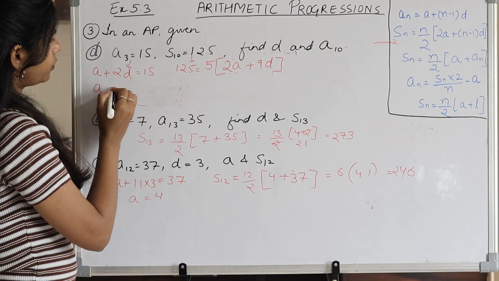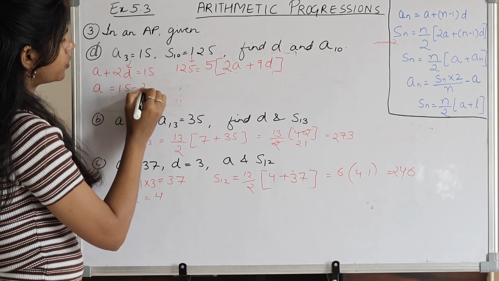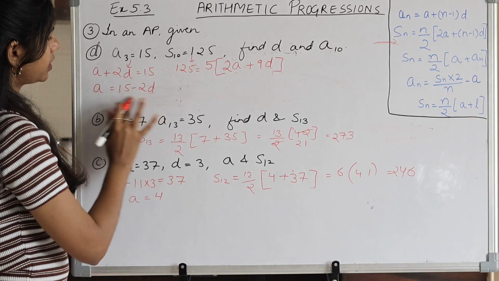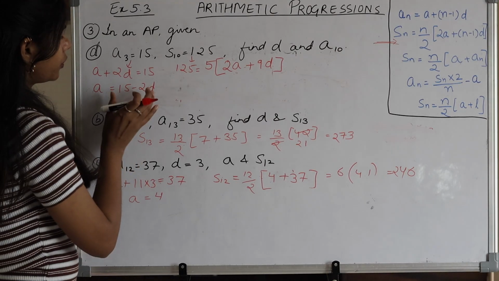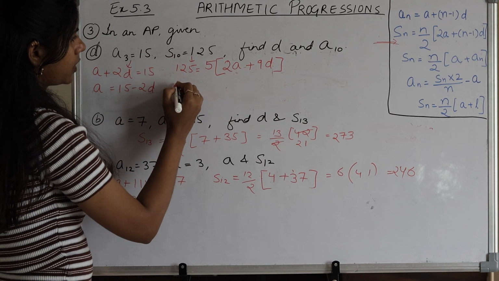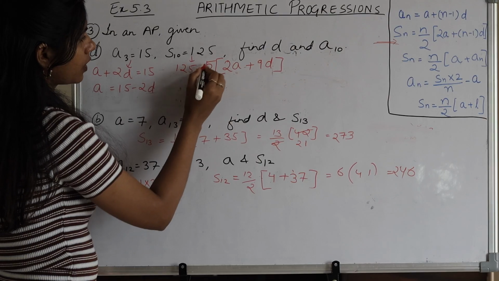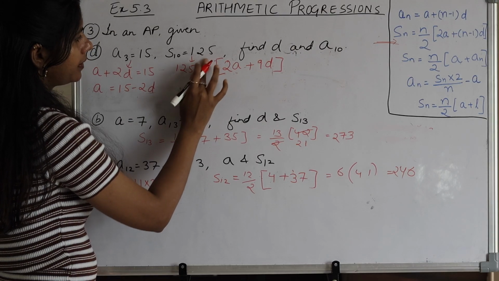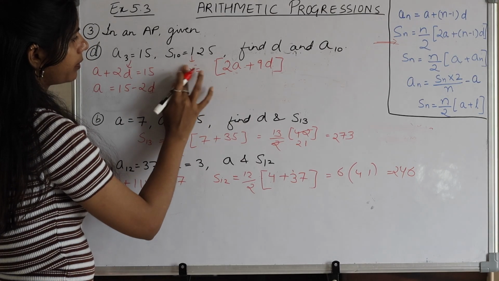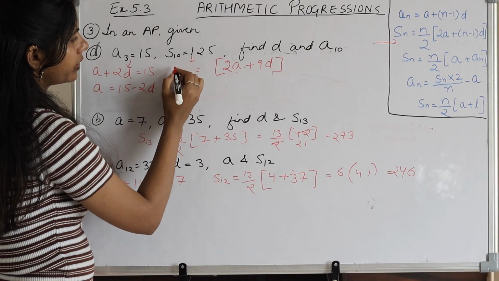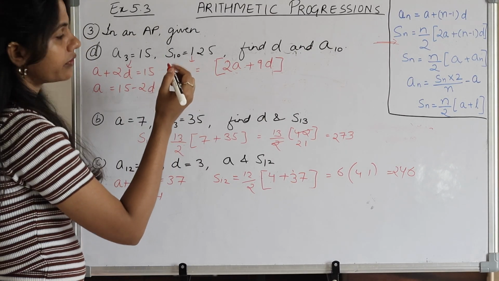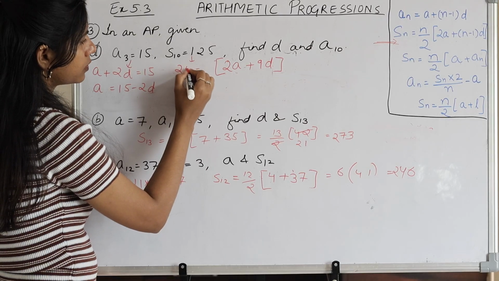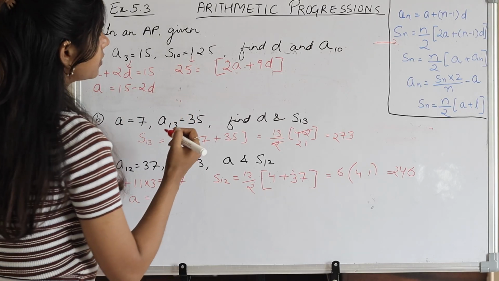So a equal to 15 minus 2d. Can we write like that? Yeah. Now use this information here. One more thing, 5 will go in divide. So 125 by 5 is 25.